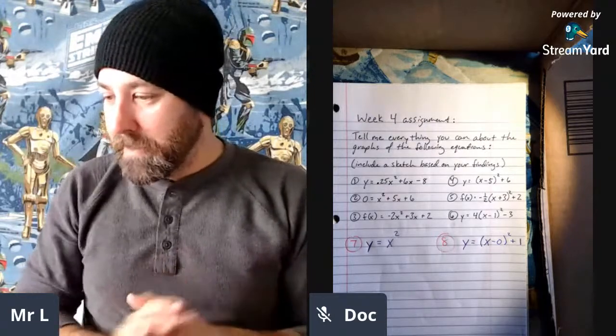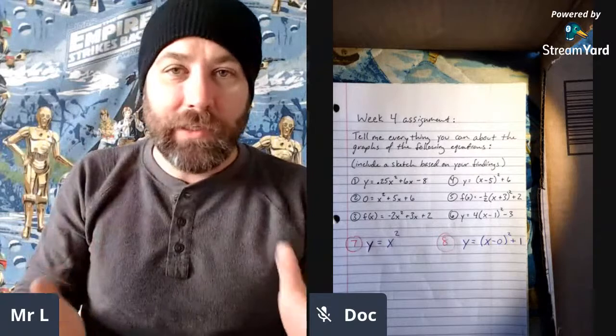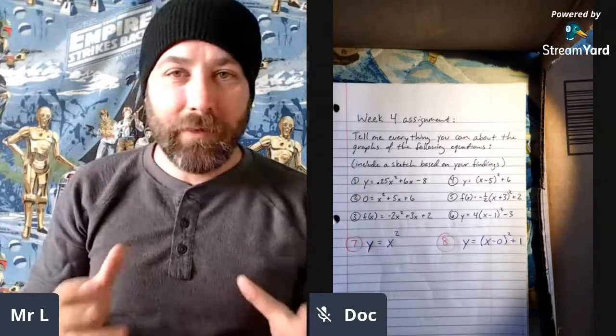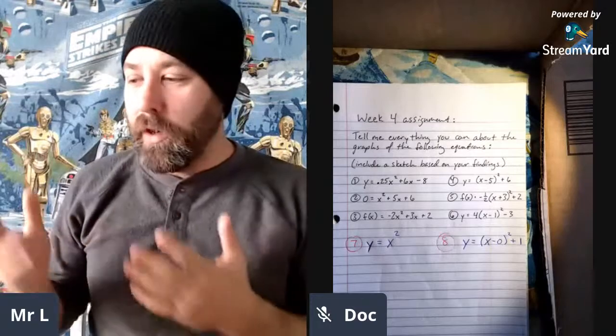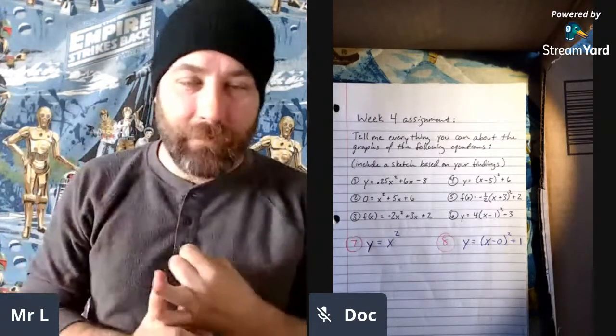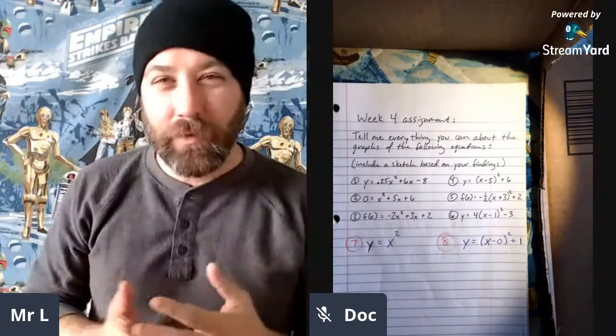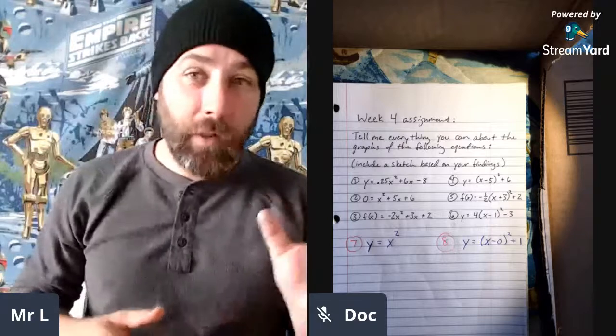I would like you to include a sketch based off of the information that you know. And I understand that some of the information is incomplete, but based off of what you know, does it have a vertex? Does it have a y-intercept? I mean, they do have y-intercepts. Can you tell where the vertex is? Can you not? Does it open upward? Does it open downward?